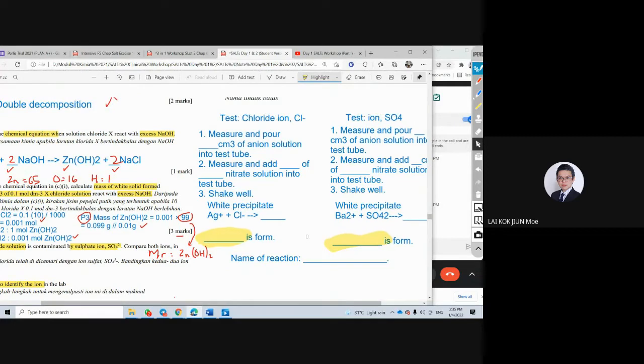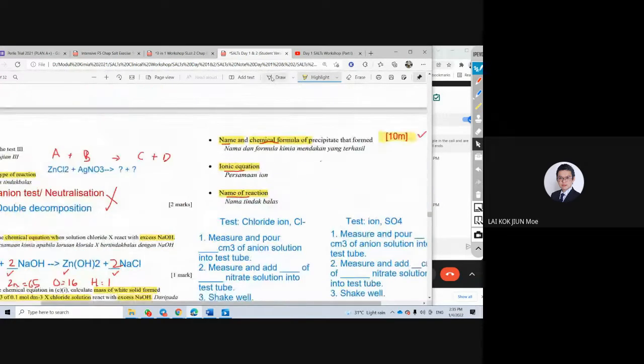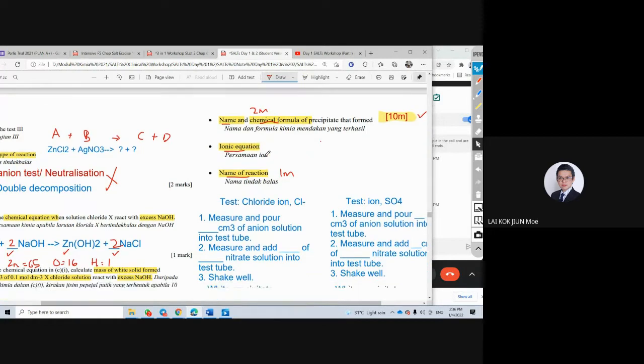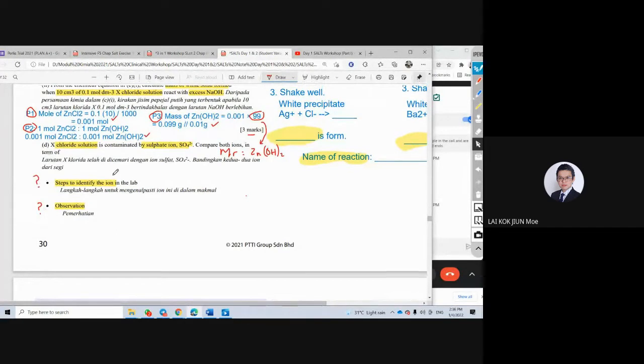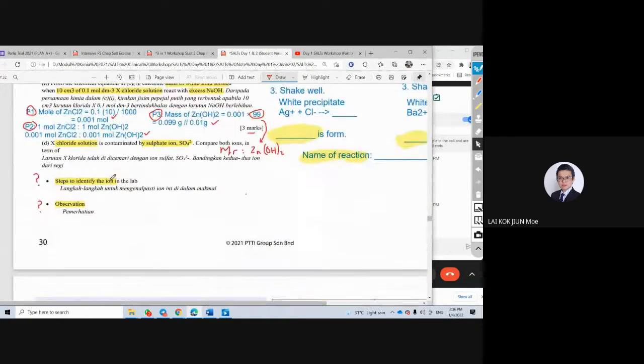So the name of the reaction is also 1 mark, I think. So you roughly know already. 1 mark here, here got 1 mark. So 2. And the equation, or here you got observation. Observation, don't know how much. Identify the ion.